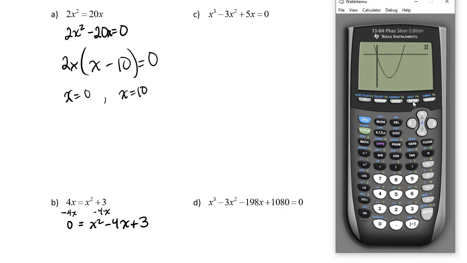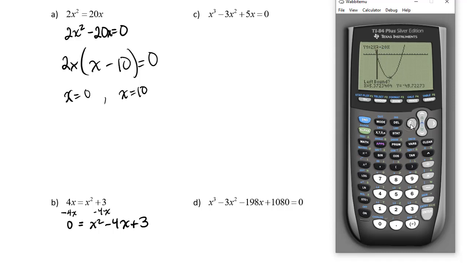Do second, trace. Arrow down to zeros, hit enter, and now it's prompting you for a left bound. Now this is the left bound on the x-axis, and this little blinking cursor here is not on the left side of the intersection with the x-axis.